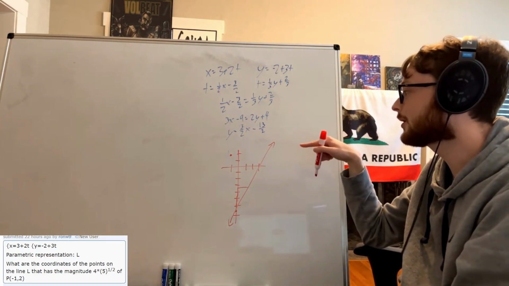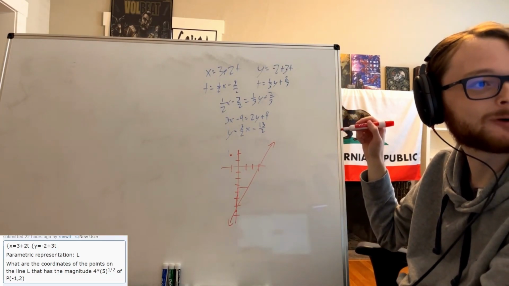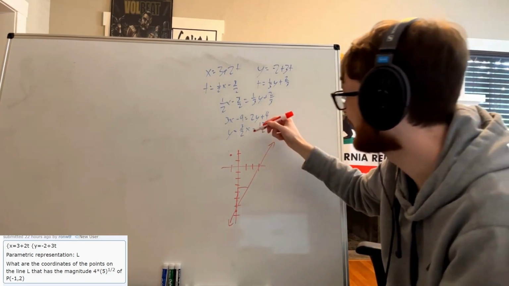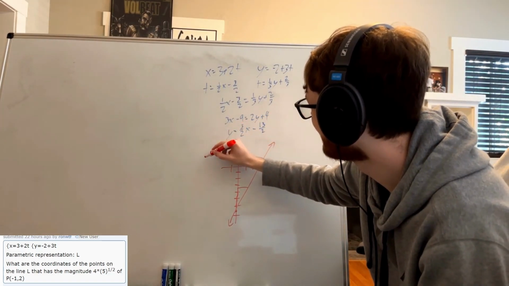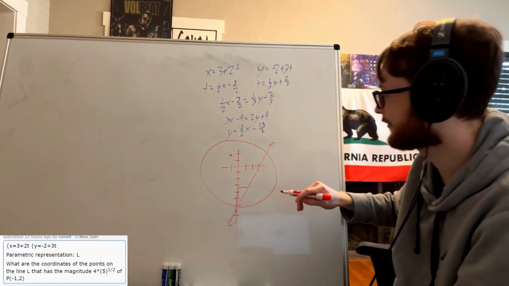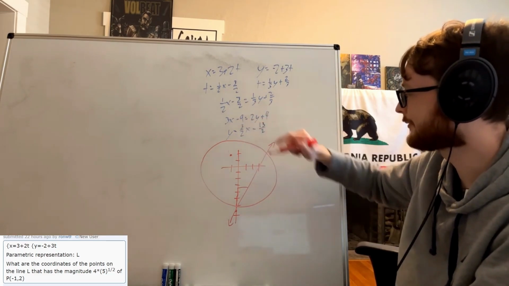So hopefully there are some points that are... Well, 4 root 5 is about 8, so there definitely are going to be 2 points that are intersecting this line. And that's not at all a centered circle, but I ran out of room up top.